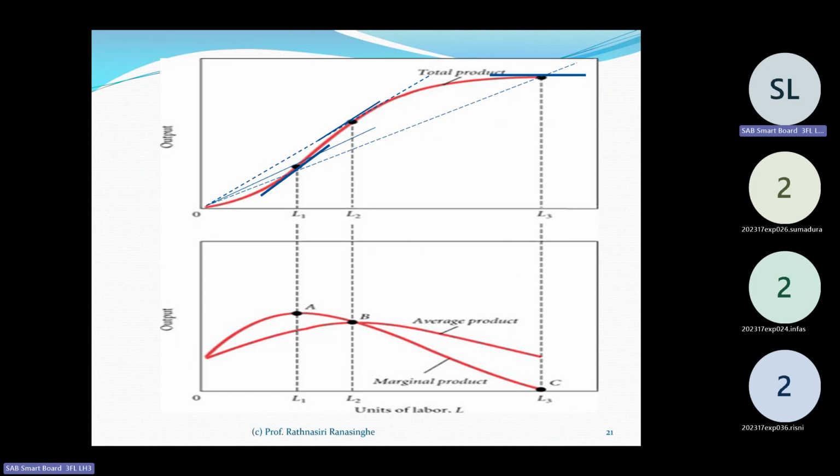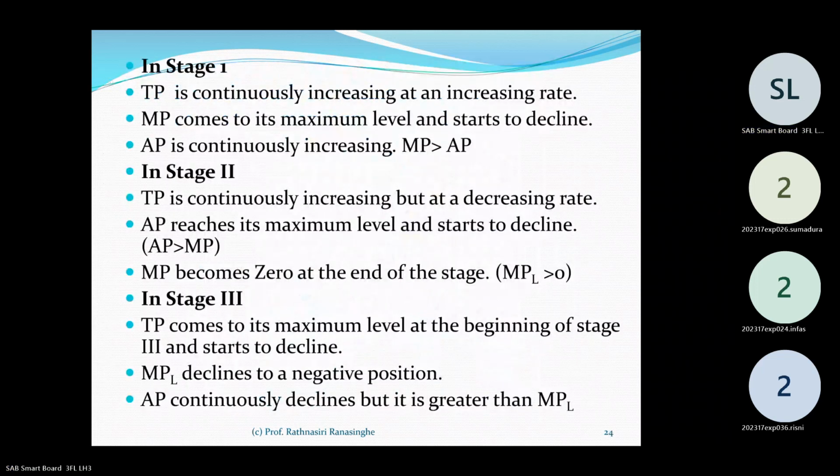Then thereafter, average productivity decreases. So we get the average productivity curve by drawing lines from zero to the total product curve and seeing the slope at the different points. Initially, slope increases, then thereafter slope decreases. Marginal productivity means the slope of the curve at the tangent points.